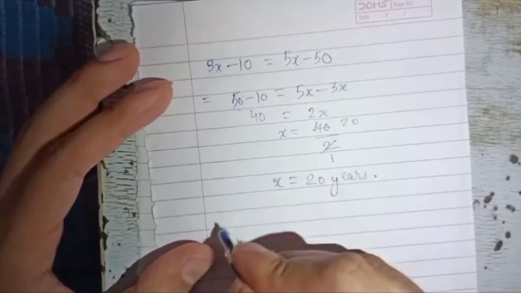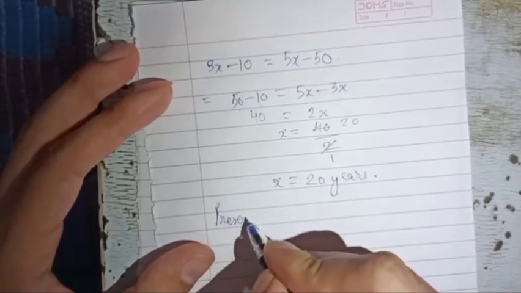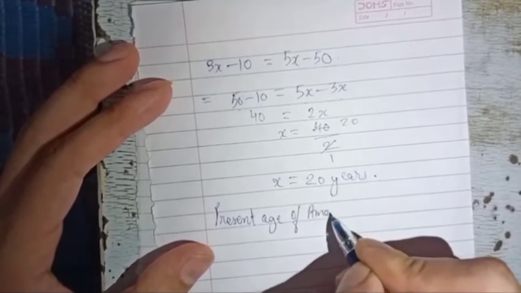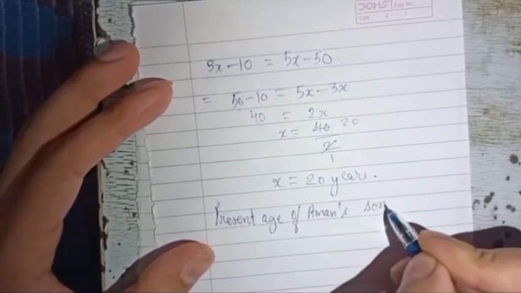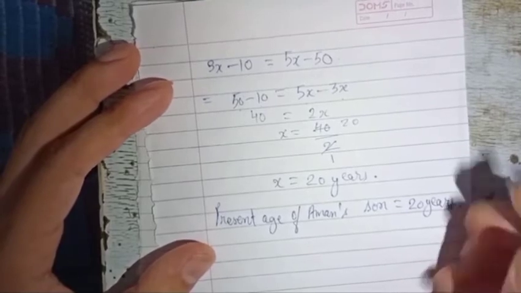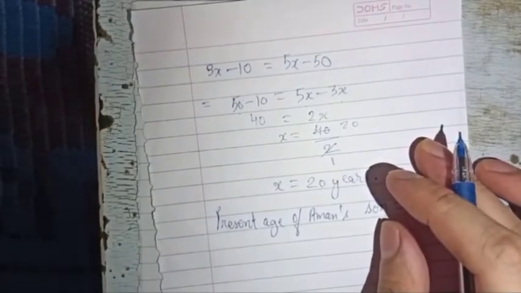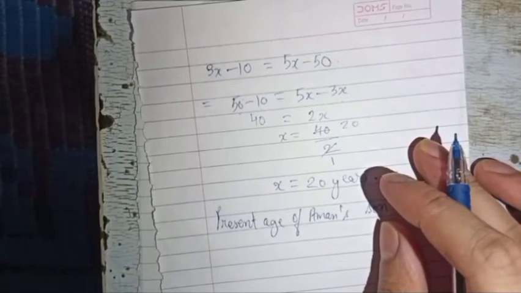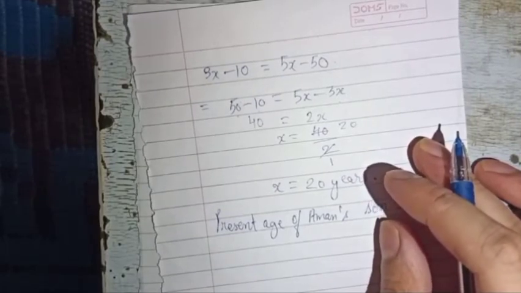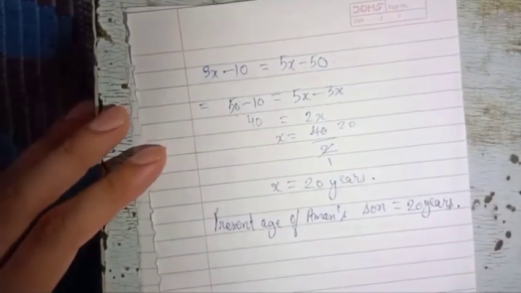That means the present age of Aman's son is equal to 20 years. So the age of Aman is given as 3x.